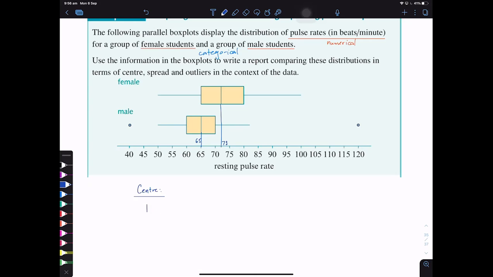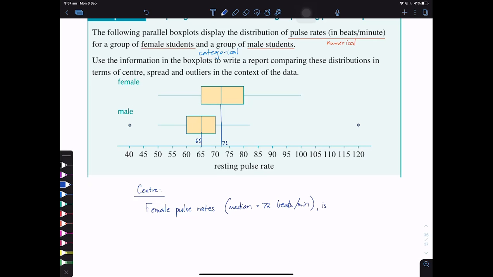I'll say female pulse rates, I'm just going to say here median equals 72 beats per minute. How much is the difference here?